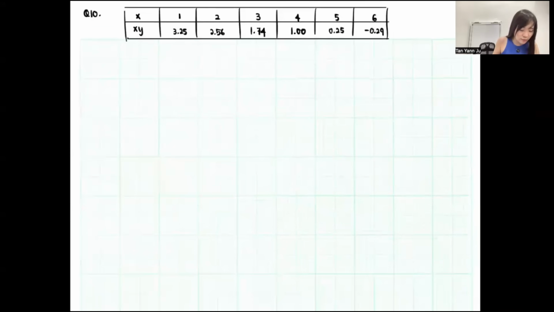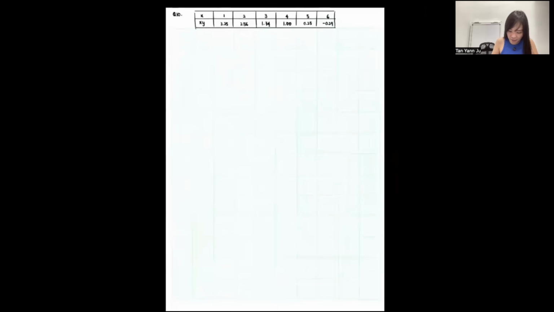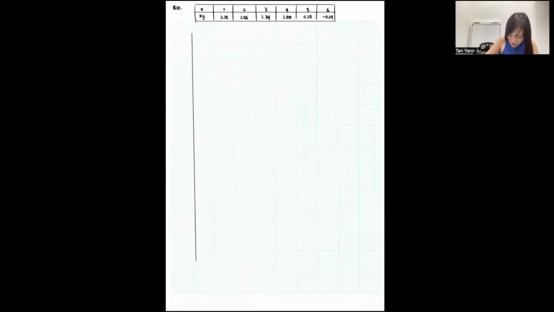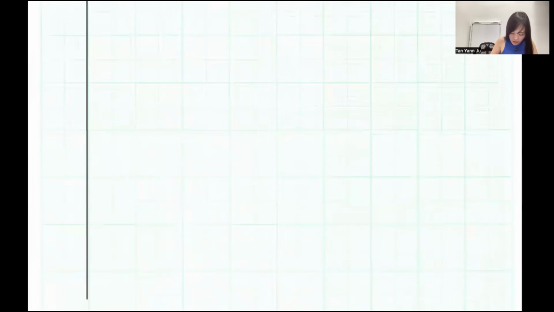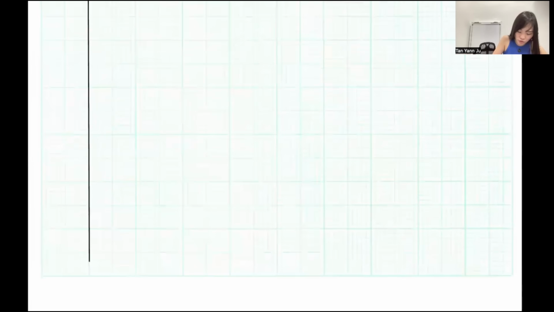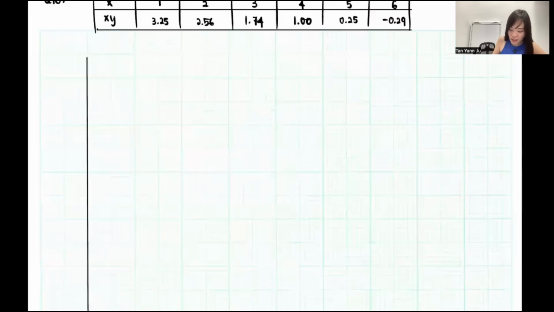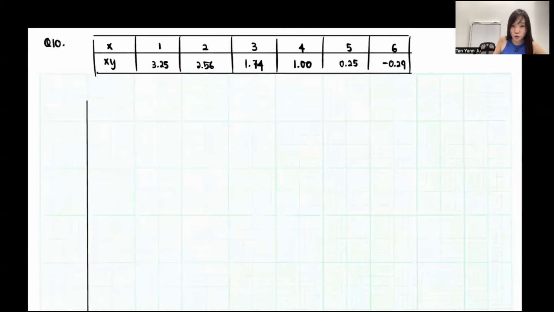So they say 2 cm to 1 unit on the x-axis, 2 cm to 0.5 units. Wait, make it smaller. Okay, I draw your x-axis first. Okay, here. And then 0.5 units. I think I can draw it here. Let me double check whether there is enough space or not, okay? So I need to cover until the height of 3.25.